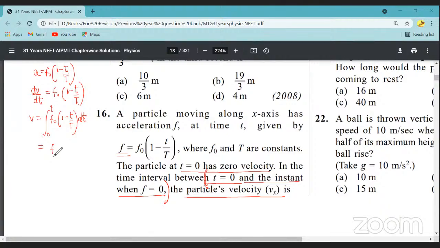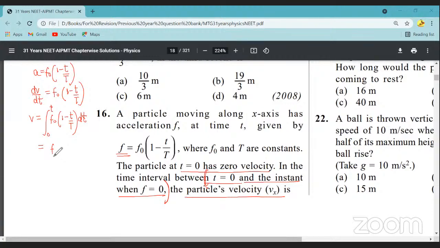Sir, when f equal to 0, then t equal to capital T. Okay, so if you are putting capital T, that means you are not finding velocity at any time t. You are finding velocity at that particular time capital T. That means you are not finding average velocity. You are finding instantaneous velocity. Got it? Yes, sir.